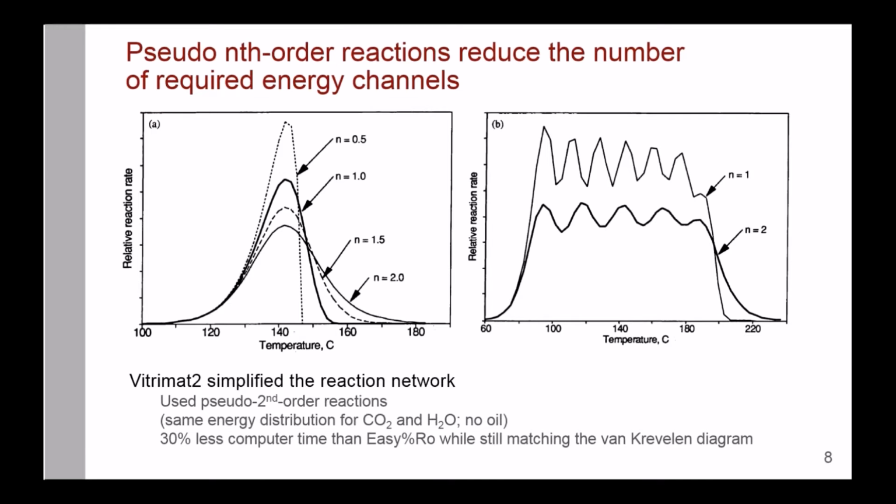And so you can see that it takes fewer reaction channels to get the same spread of uniform reactivity. It's an approach which I was a little surprised nobody has picked up, but people are pretty well entrenched, I guess, with the first order reactions.